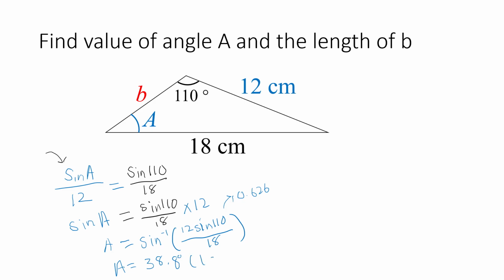This one is to 1 dp. Alright? The thing to take note is when doing this kind of trigo question, it's not necessary that you calculate this out. This one is not needed for you to calculate out.